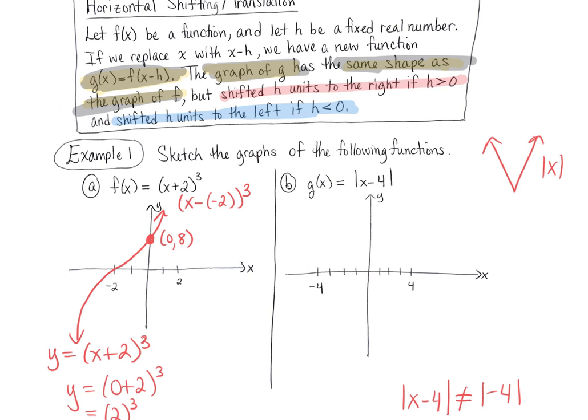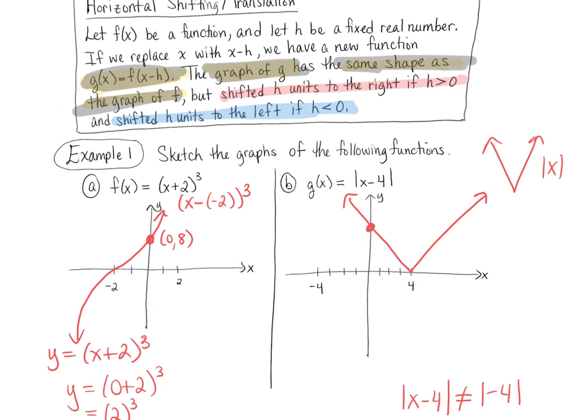Do we have a y-intercept? And if we do, what is it? It's at 4, right? Good. How do you find it if you need it? Set x equal to 0 and you solve, right? So we have a horizontal shift of the absolute value to the right 4.